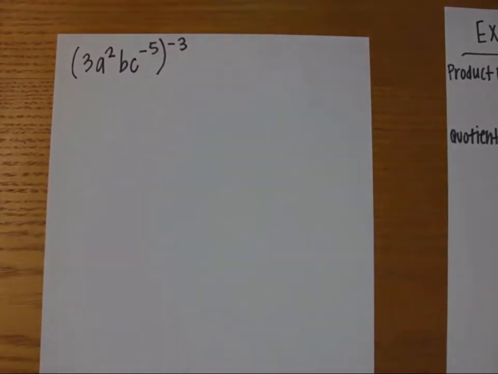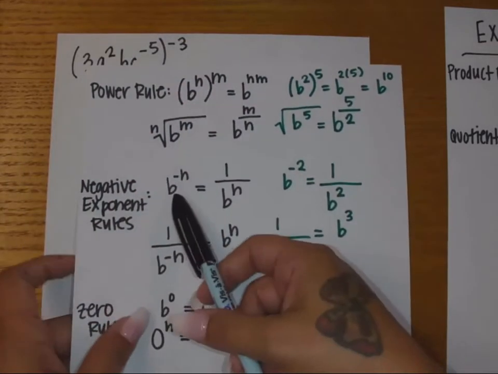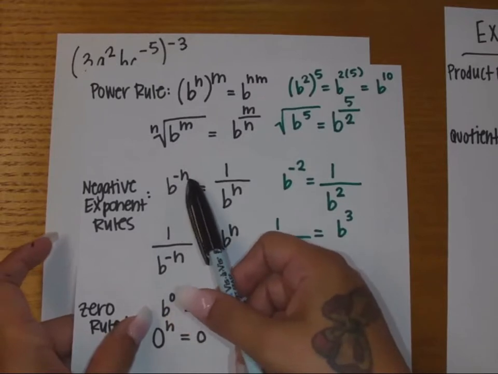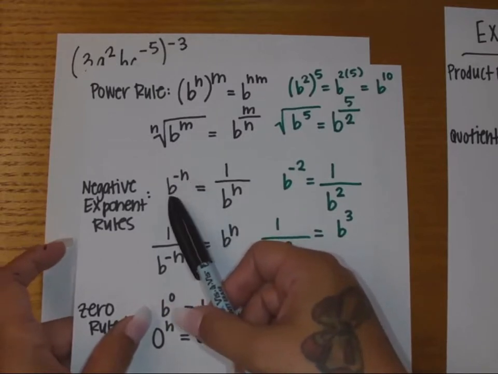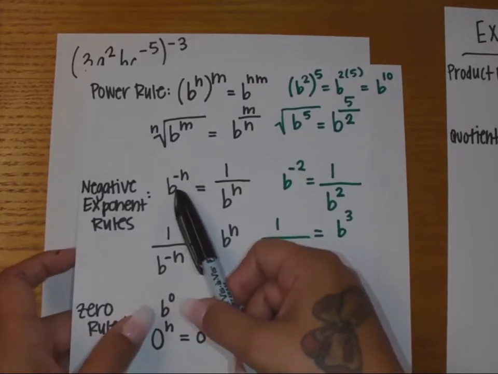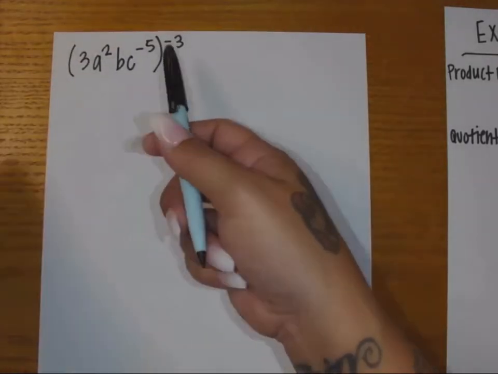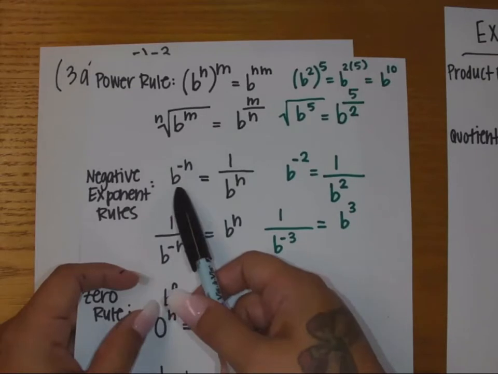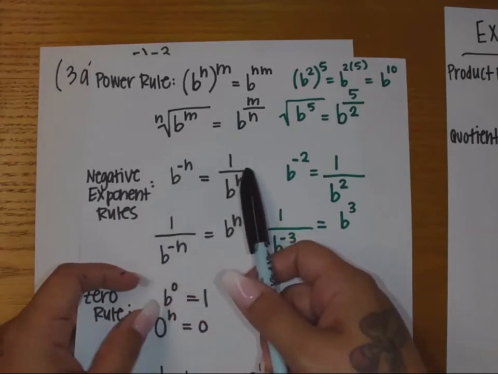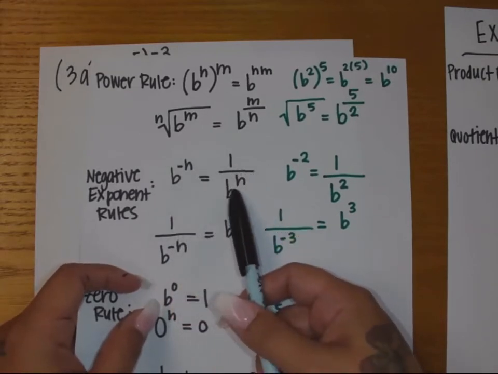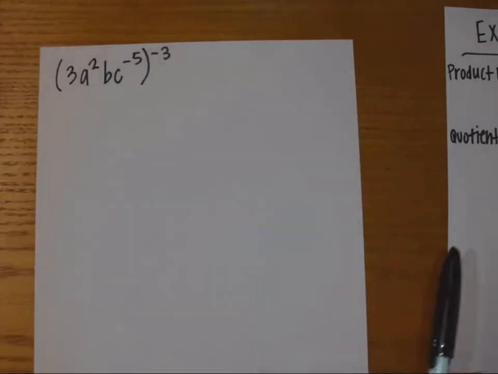Okay, if you look at your negative exponent rules, I see here that if I have something raised to a negative power, I know this is just one single b, but I'm just saying it's something. What you do when you have something raised to a negative power is you bring all of that something to the denominator and you put it under 1.